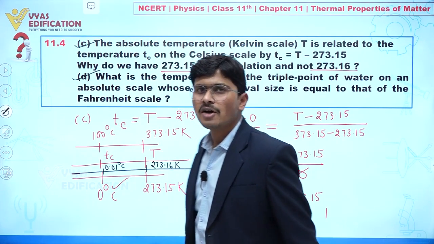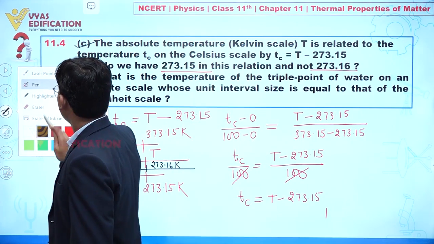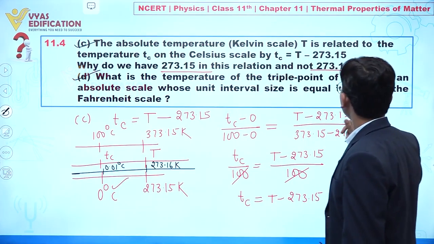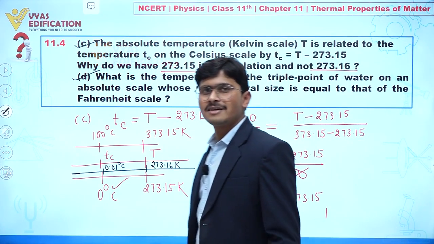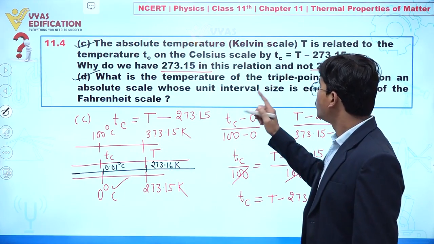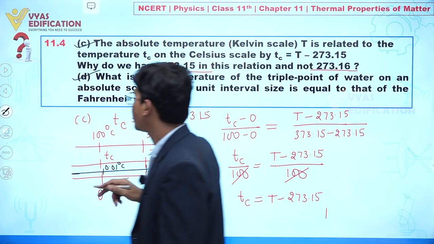Now we are going to discuss part number D. In part D it is asked what is the temperature of the triple point of water on an absolute scale, definitely we know 273.16 Kelvin, whose unit interval size is equal to that of the Fahrenheit scale. Now listen carefully.